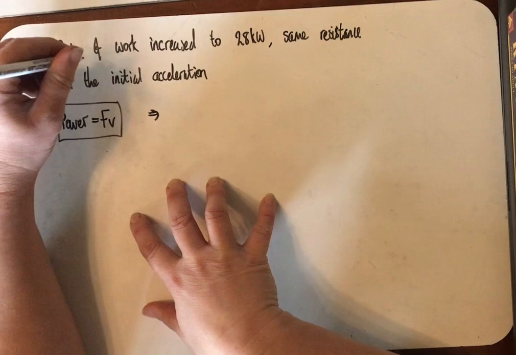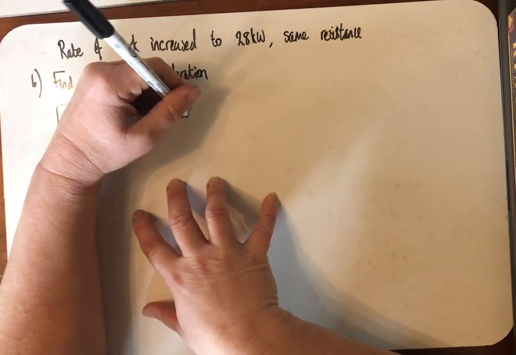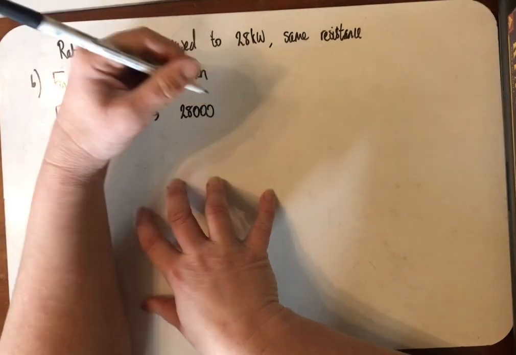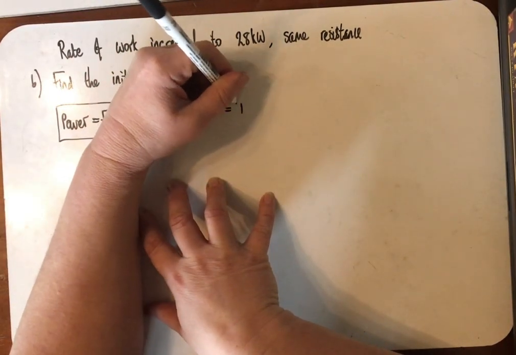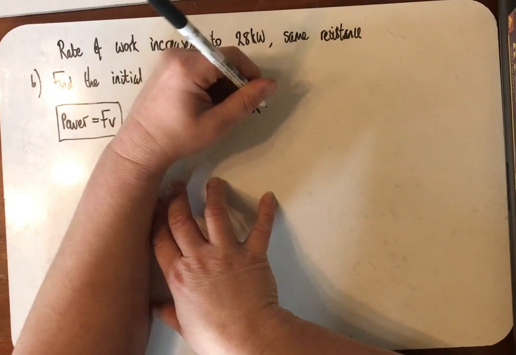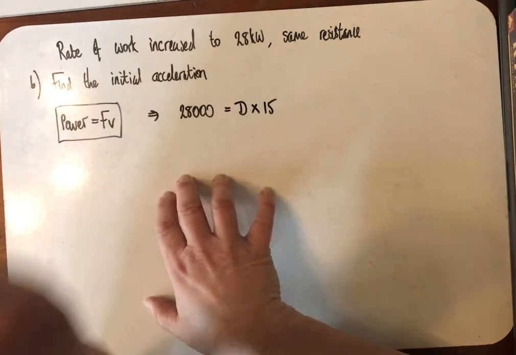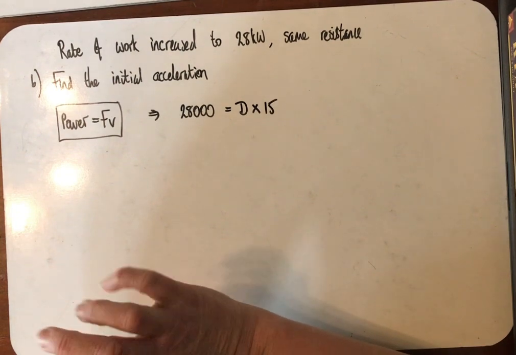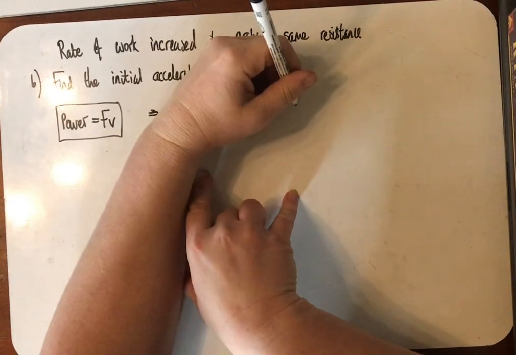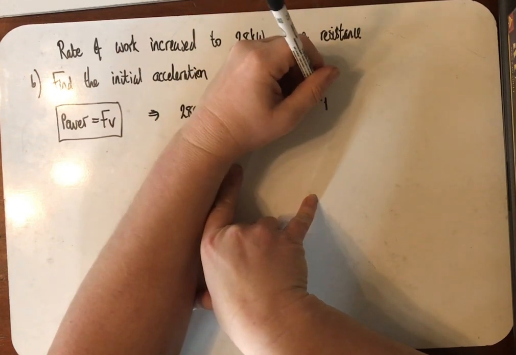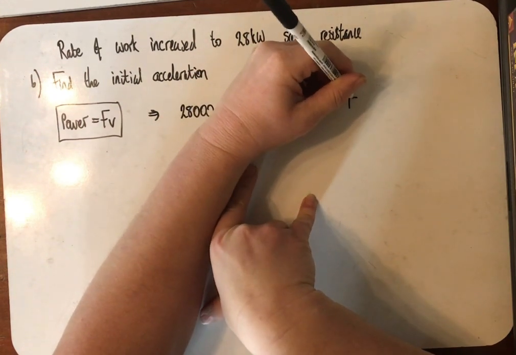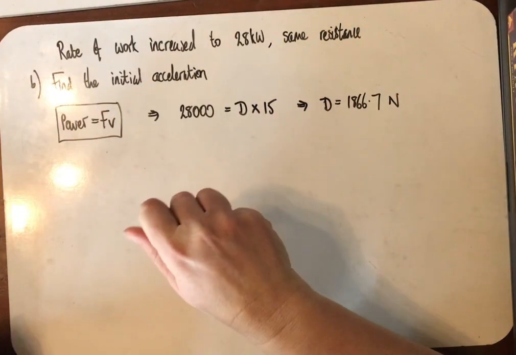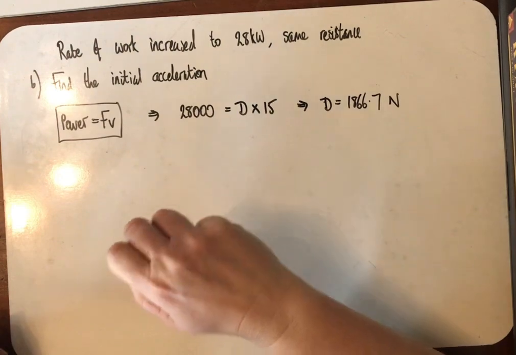Remember, power is the rate of doing work. So 28,000 is equal to the driving force times 15. We're just looking for the initial acceleration, so initially the speed is 15, and that makes the driving force equal to 1,866.7 newtons, which I'm going to keep like that because we don't want to get a rounding error.